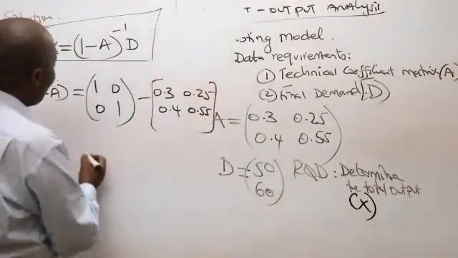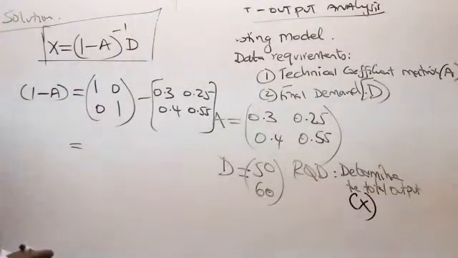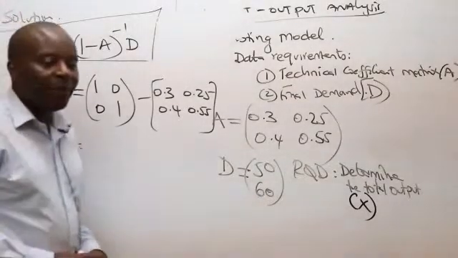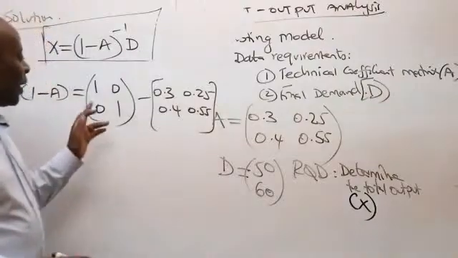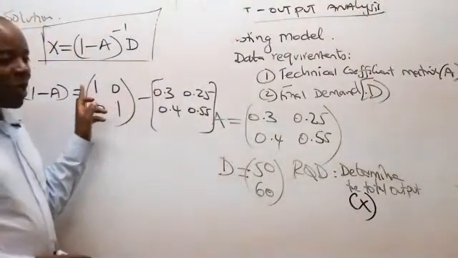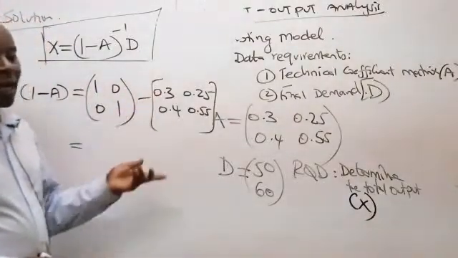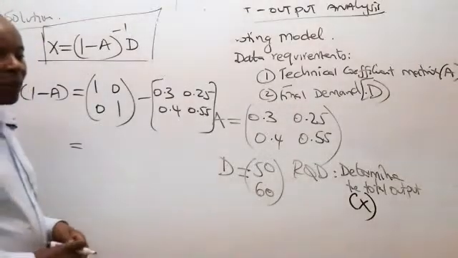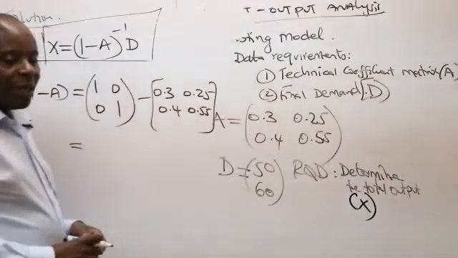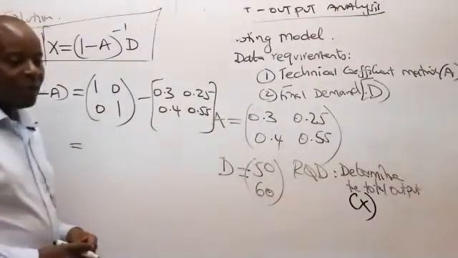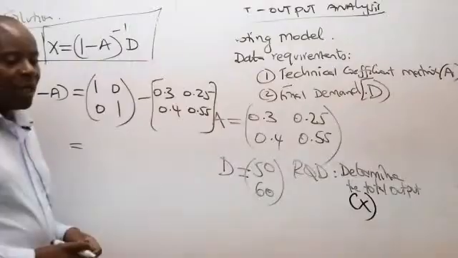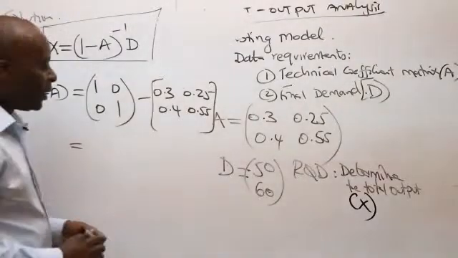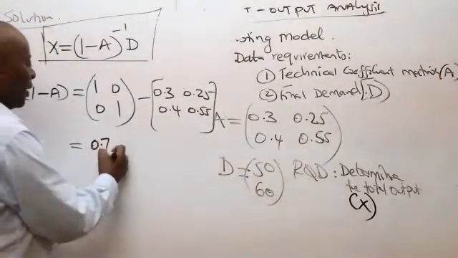Ladies and gentlemen, please go ahead and do the subtractions for me. Remember, in subtraction you always take corresponding elements. So 1 minus 0.3, who can give us the figure? 1 minus 0.3 gives me 0.7. The first one is 0.7.